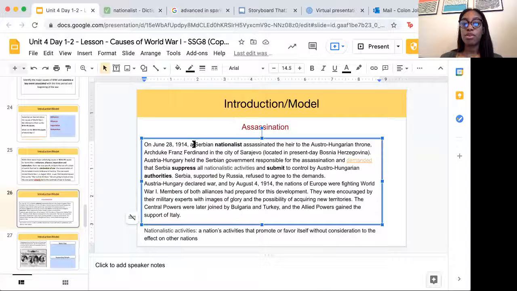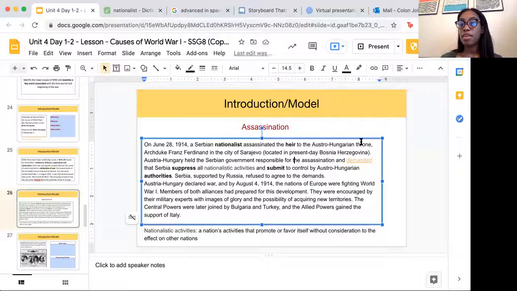So we have a Serbian nationalist who assassinates the heir, or the person who is going to become the leader of the Austro-Hungarian throne. The throne meaning they're going to be king. In this case, it's Archduke Franz Ferdinand.